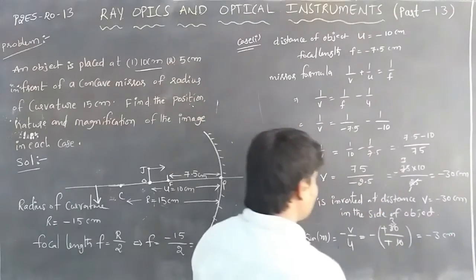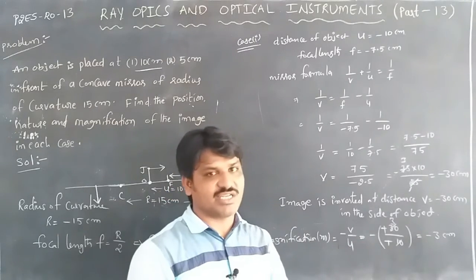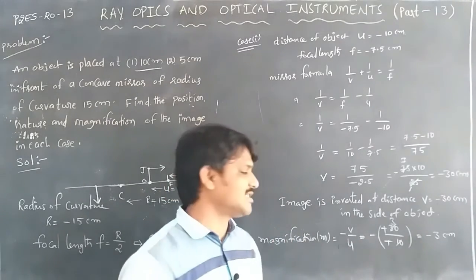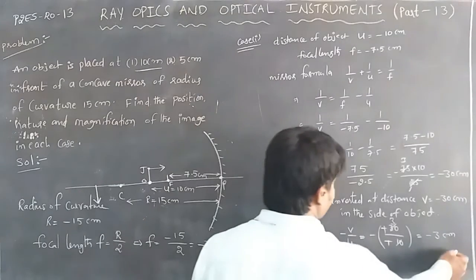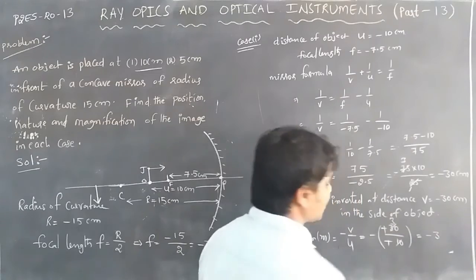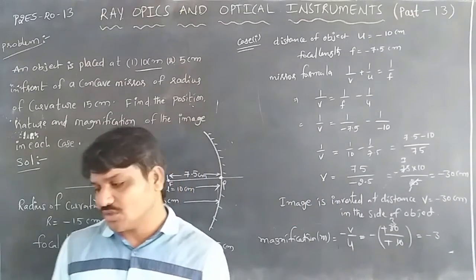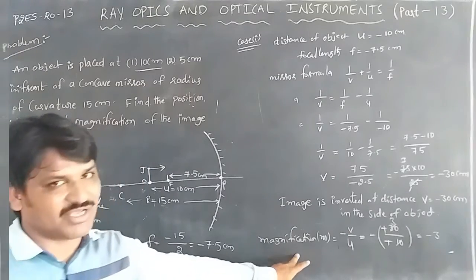It means the inverted image is magnified 3 times. So here is the magnification.